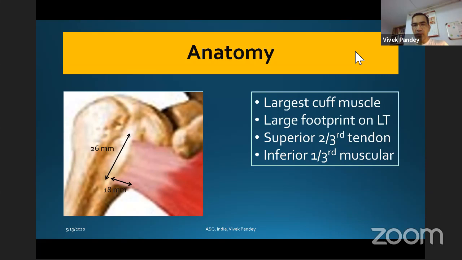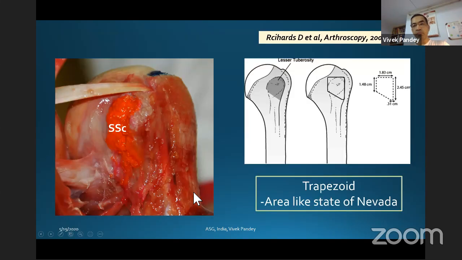We know that this is one of the largest cuff muscles among all the four, but the more important part is it has the largest footprint on the lesser tuberosity, larger than the supra and infraspinatus. The superior two-thirds is tendon and only the inferior one-third is muscle.